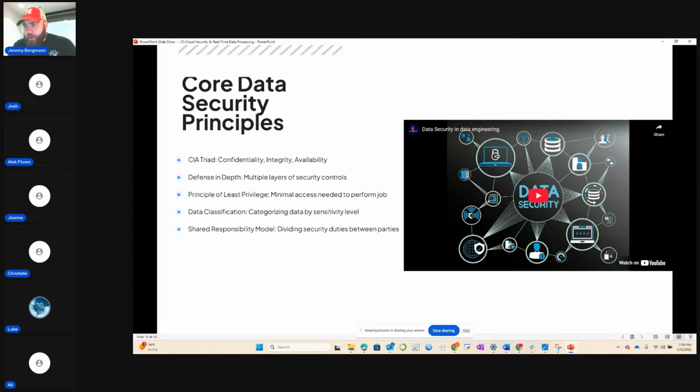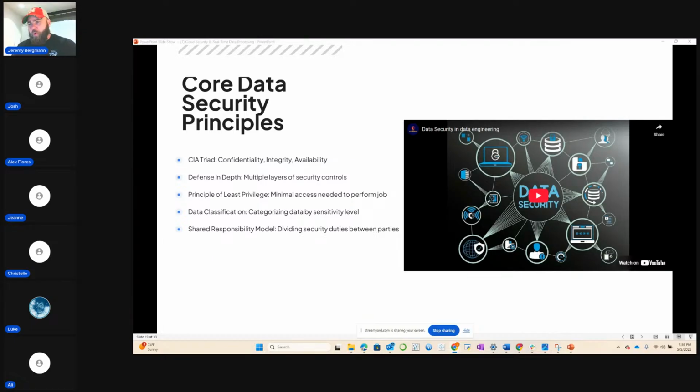I'm going to pop open some of my notes for this. Okay. So defense in depth is multiple layers of security. Think of it like, I was going to come up with a bad example, like a Mexican border, but think of North Korea, South Korea.